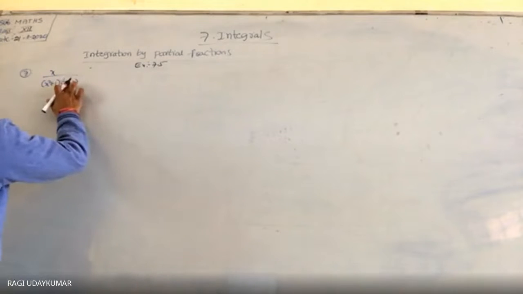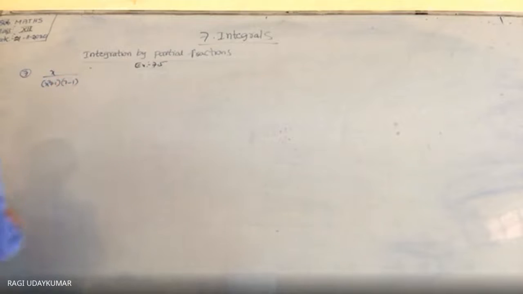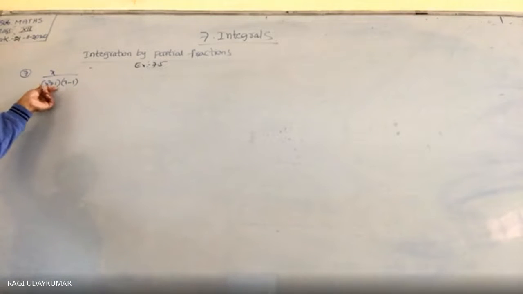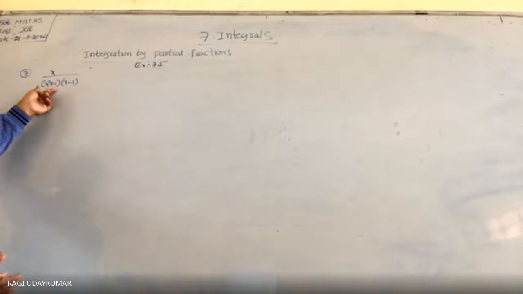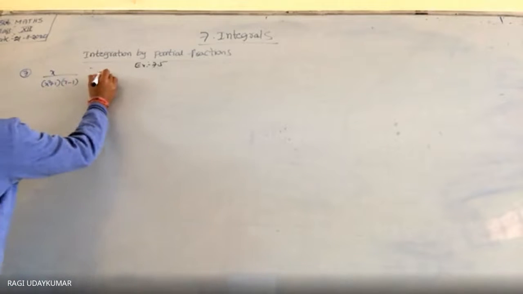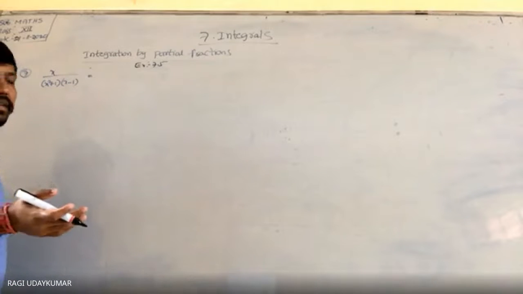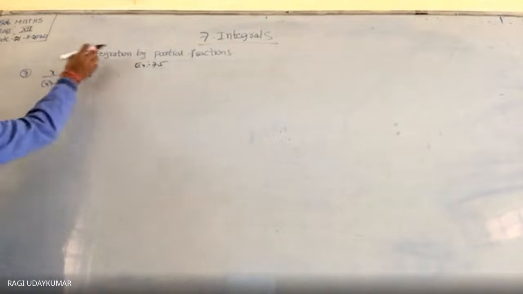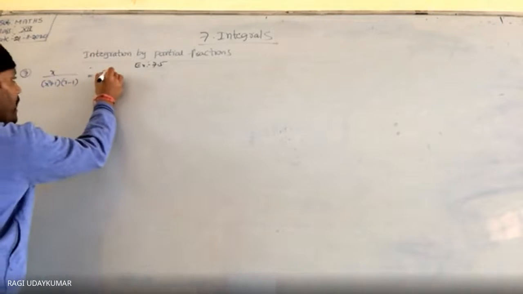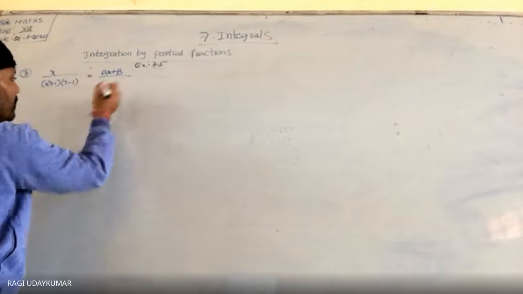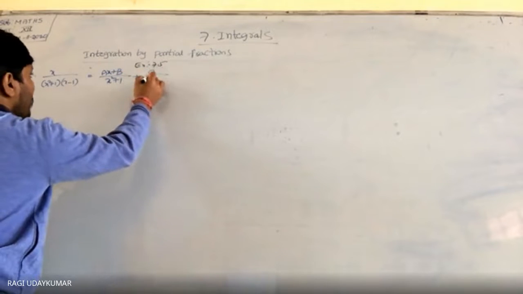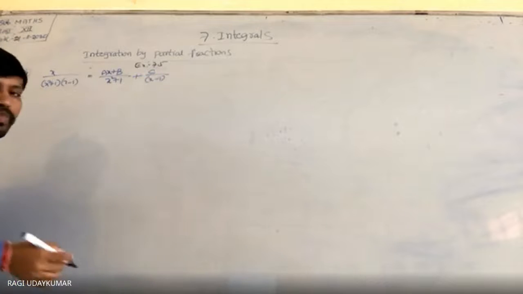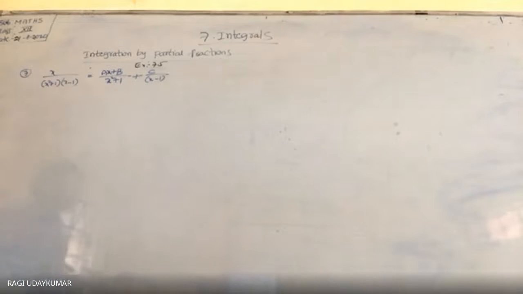See here, this cannot be factorized further. In that situation, this can be written as: for the quadratic you take a linear term on top, ax plus b by x square plus 1, plus c by x minus 1.